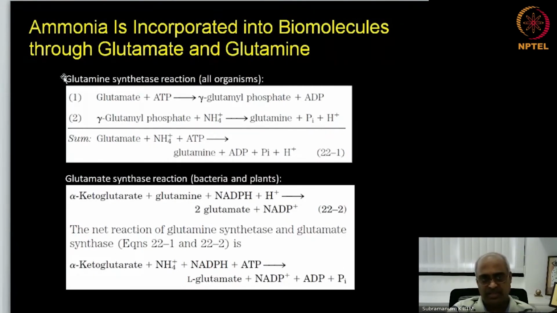The main thing you need to remember is it is present in animals as well, because ammonia production is not just only through nitrogen fixation. Through other catabolic reactions in our body, the nitrogens from many molecules are converted into ammonia, and that ammonia is incorporated into glutamate, into glutamine, and that glutamine is the one that is brought to liver for excreting ammonia.